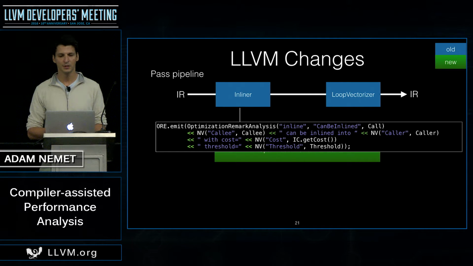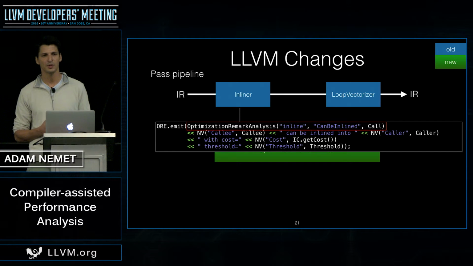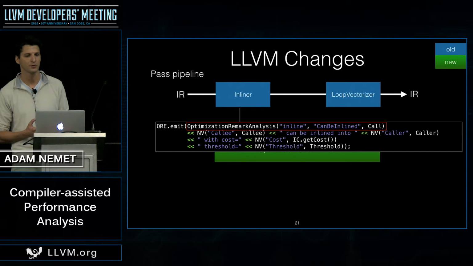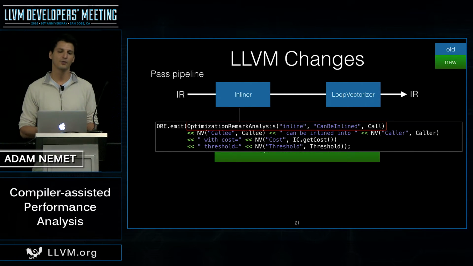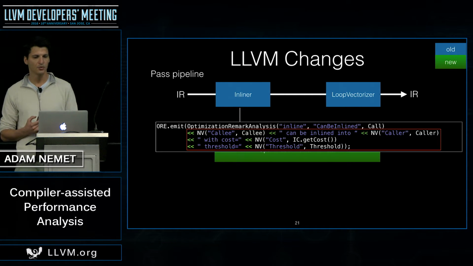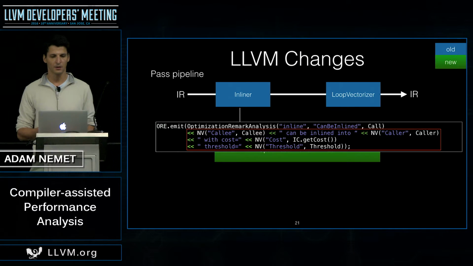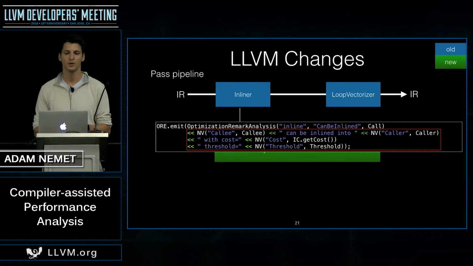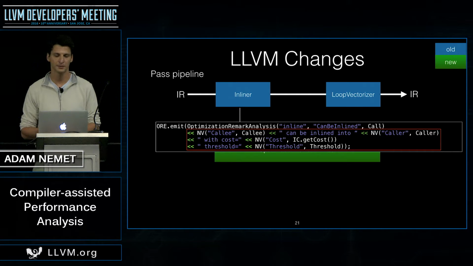So what we do here is that first we create an object that corresponds to the type of remark we want to create. In this case, we are creating the white analysis remark from the previous example that came from the inliner. So once you've created the object, you can parameterize it by just streaming further parameters into the object.